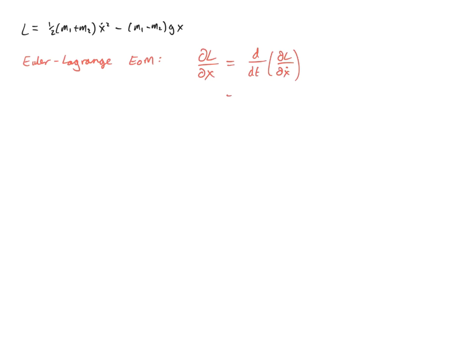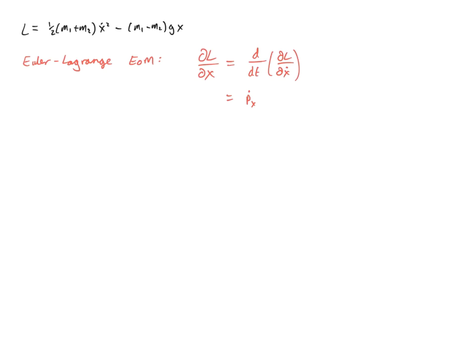This right-hand side here can be identified as simply the time derivative of the generalized momentum, p_x dot. So what we have to do is simply calculate the derivatives of the Lagrangian with respect to x and x dot, and then plug it into this equation.